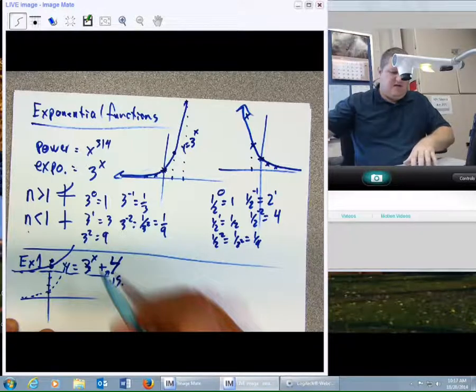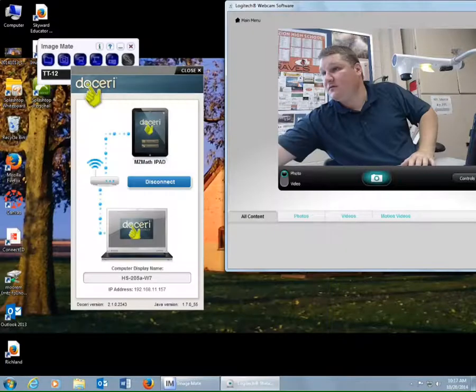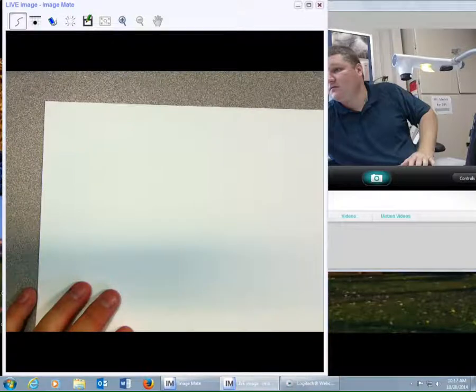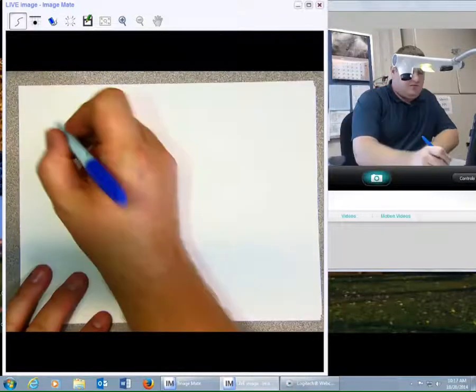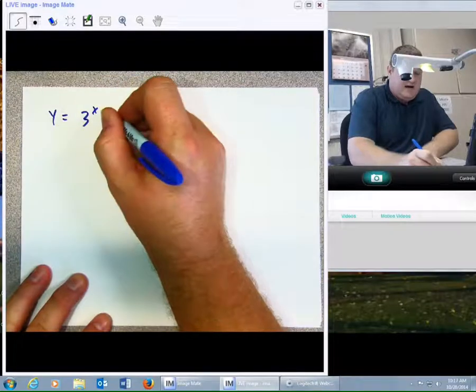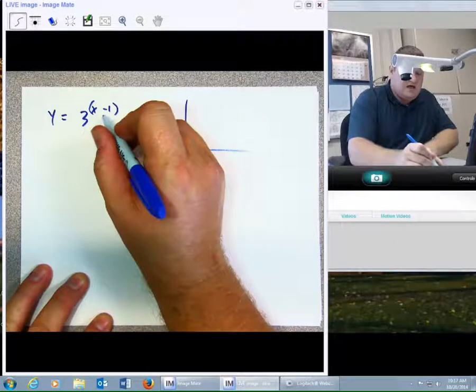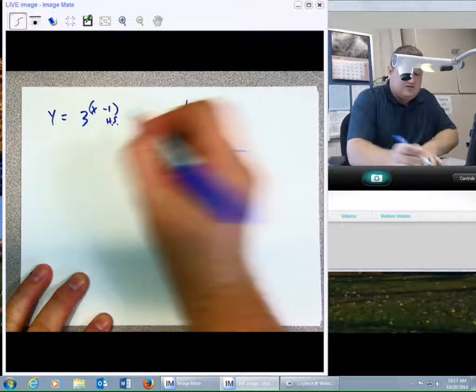Now, if I did the following: y equals 3 to the x minus 1, and the minus 1's in with the x. Now, because it's in with the x, it's a horizontal shift in this case.